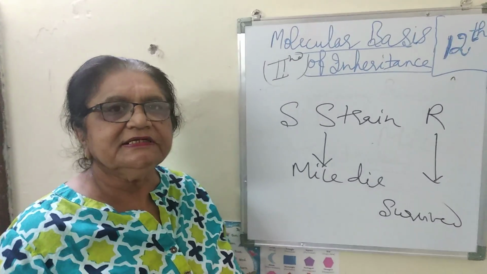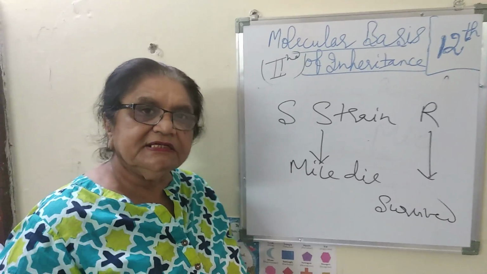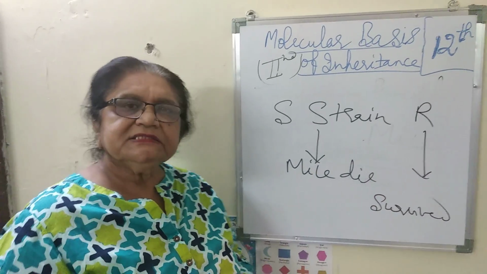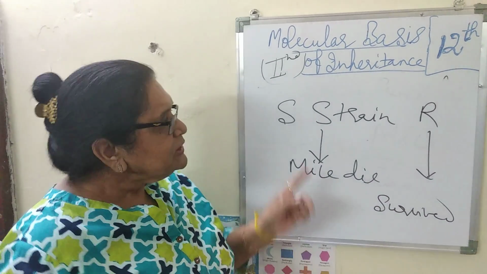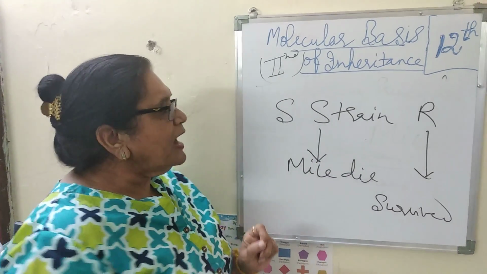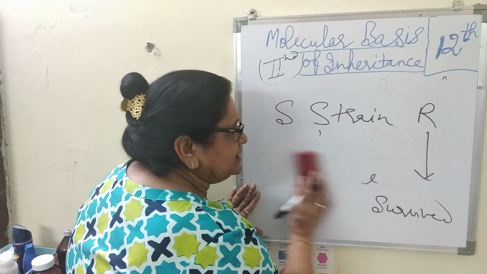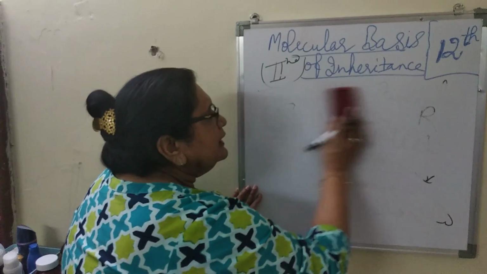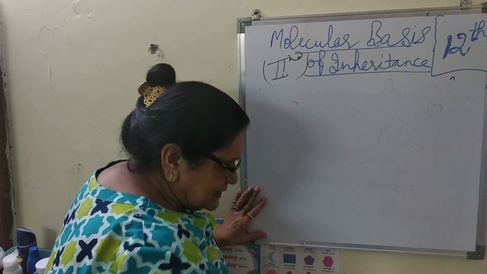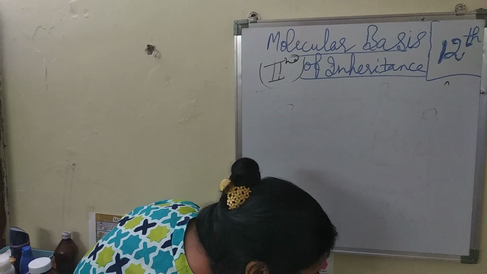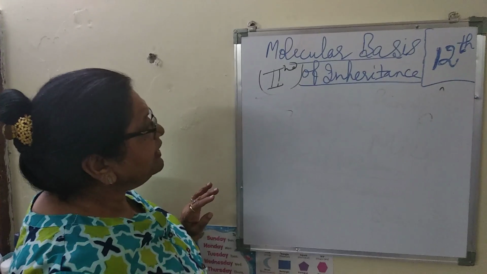Virulent means which causes a disease. What disease? Pneumonia. R is called non-virulent. So S virulent and R non-virulent are two strains of the bacteria culture. Then what he found: with S the mice died, with R the mice survived.